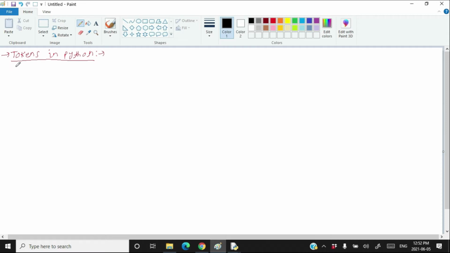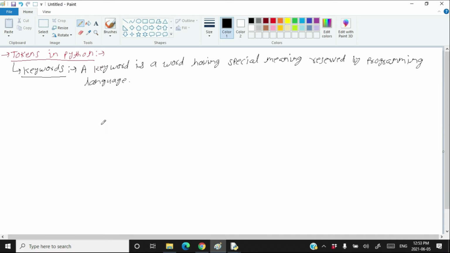The first token used in Python is called keywords. Keywords are the words in Python having a special meaning and reserved by the Python programming language. There are multiple keywords in Python.